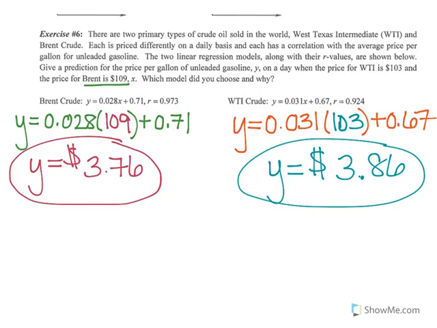And on top of Brent crude being cheaper, it also has an R value that is closer to 1. Because the R value is closer to 1, this is actually a better model, and it's a better predictor that Brent crude has accurate pricings. So that is why we're going to choose Brent crude.